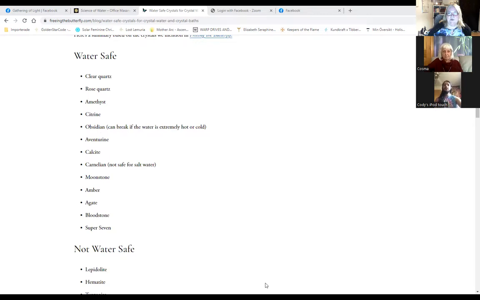Is there anything you want to say about this page? Well, not the page, but it's also very nice to do experiments. Basically, when you have a crystal that you know is good for the water, put it in one glass that has the crystal in it, and one glass that doesn't have the crystal in it.